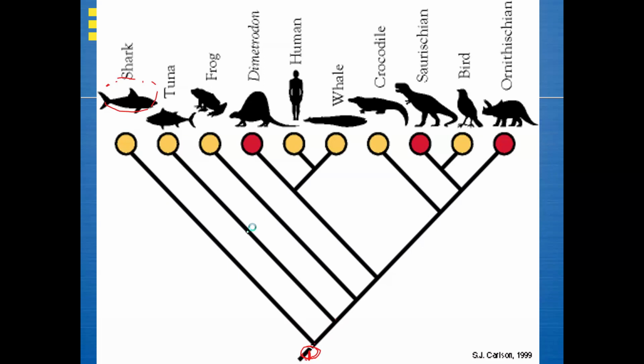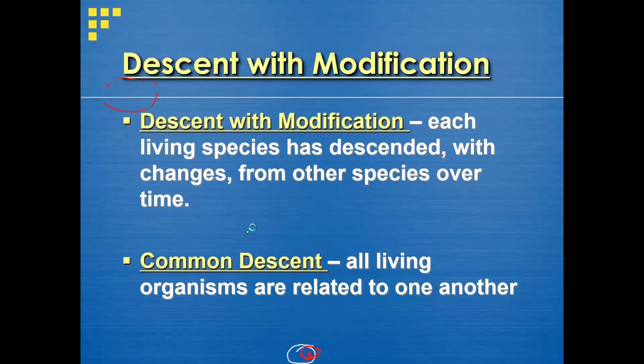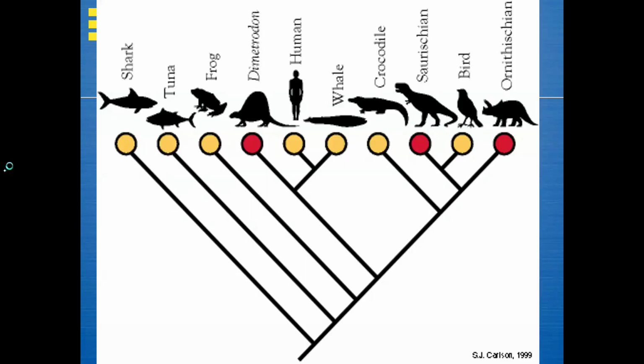So this is like a time period. As time goes on, this will emerge, then at another time this will emerge, but from the same descent, from the same ancestor. So all living organisms came from the same ancestor, but at different times.